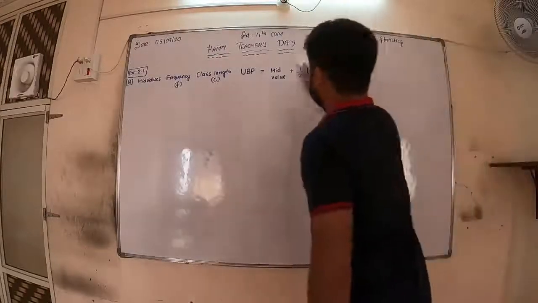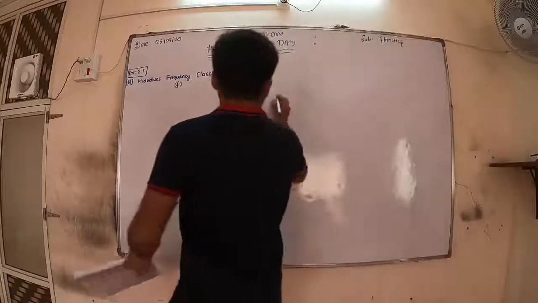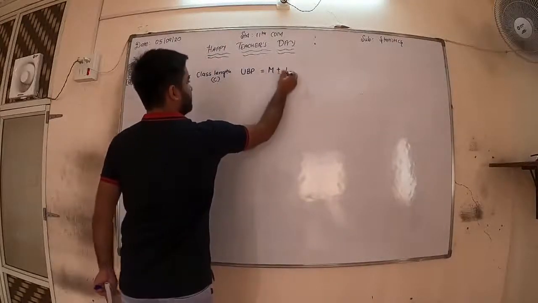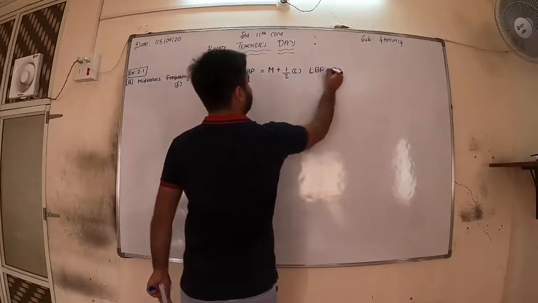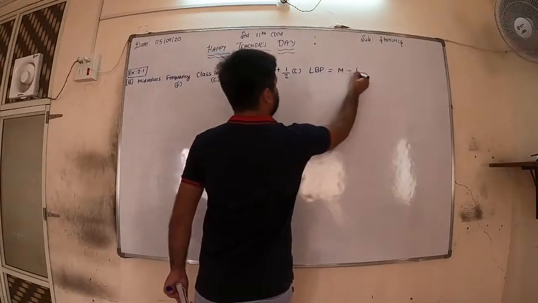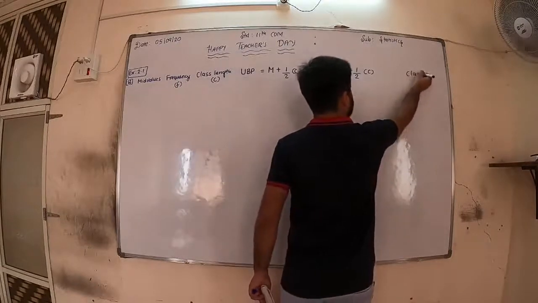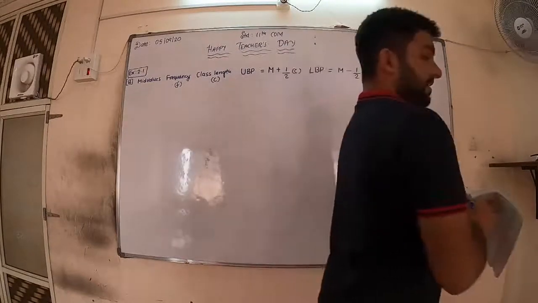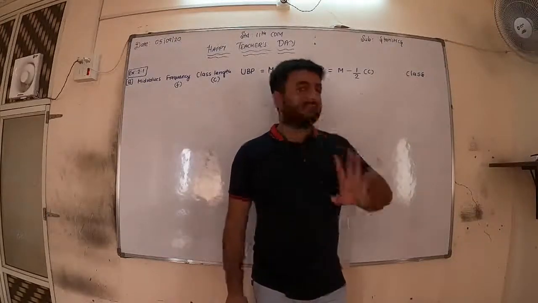I am writing in short, otherwise the space will not be enough. Mid value M plus 1 by 2 C, and lower boundary point is mid value minus 1 by 2 class length, and finally we will write the class. The type of class is not mentioned, so what you get is the correct answer itself.